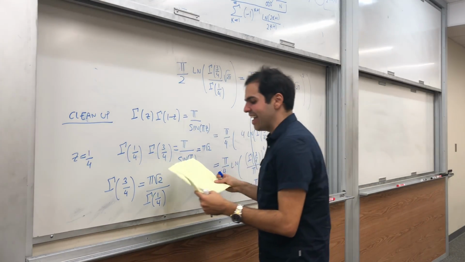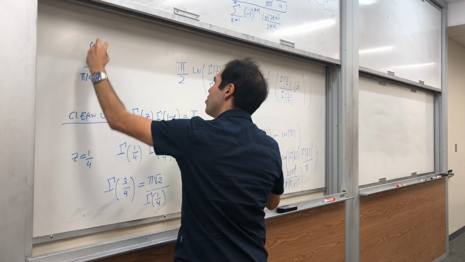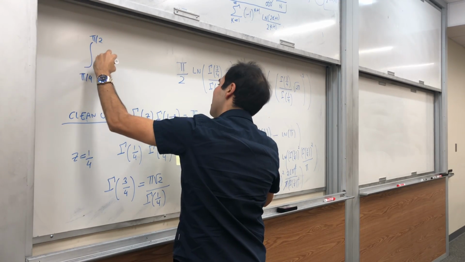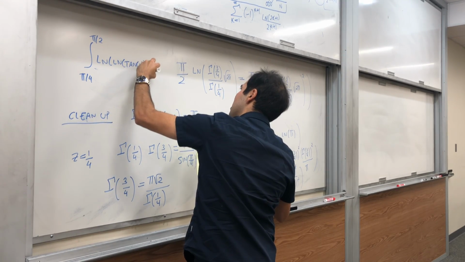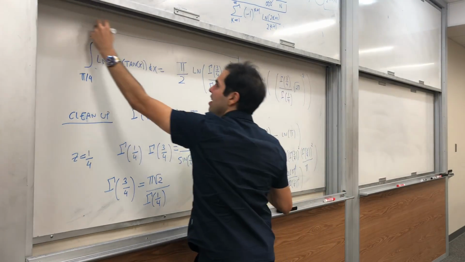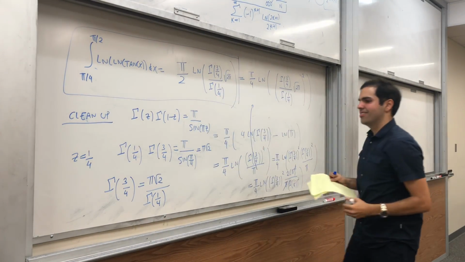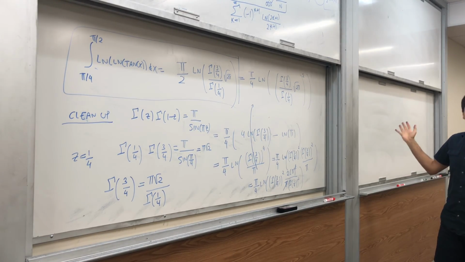And what is this? Again, it's the integral from pi over 4 to pi over 2 of ln of tangent of x dx. Ta-da!